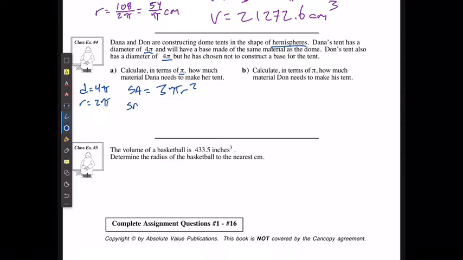So the surface area is going to equal 3 times pi times 2 pi squared, or 3 times pi times 4 pi squared. We can simplify this to 12 pi to the power of 3.